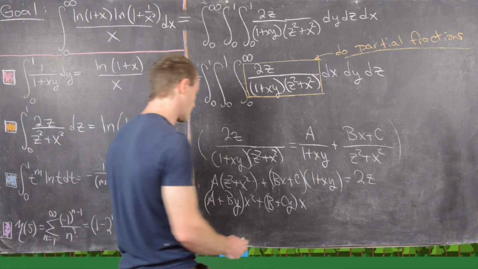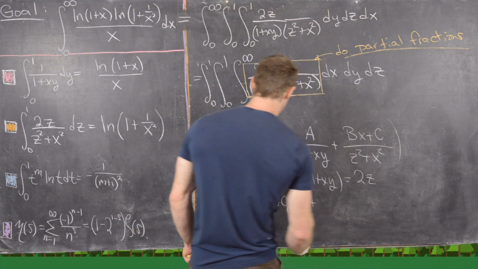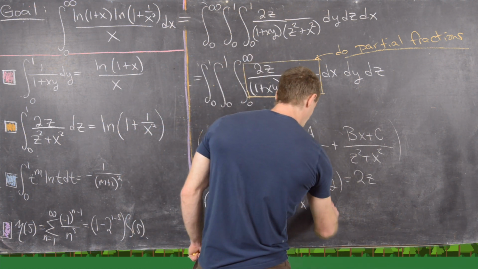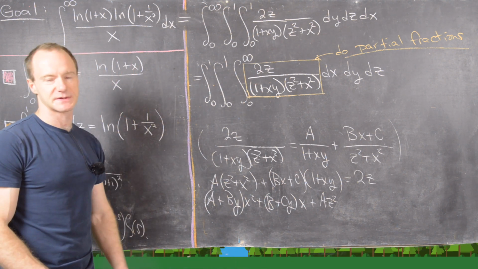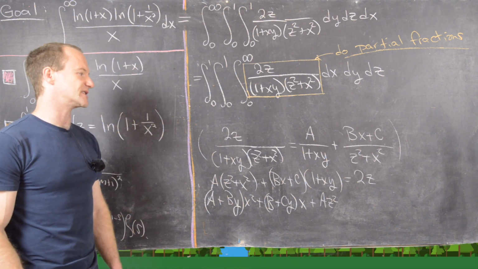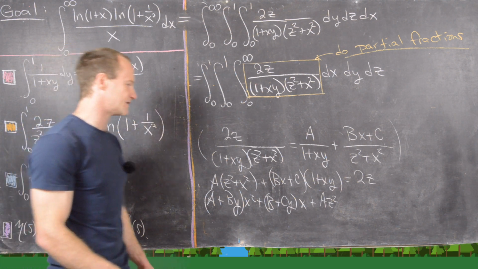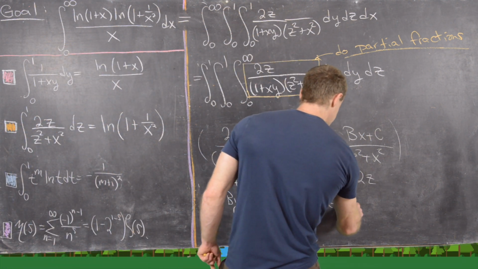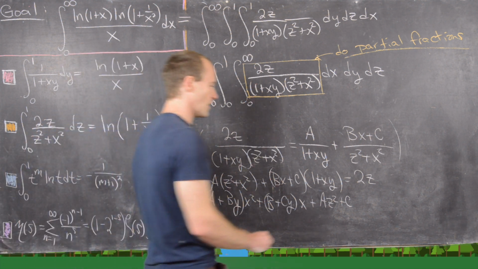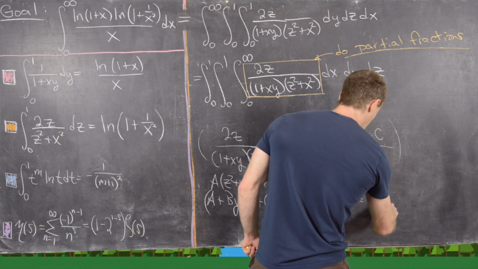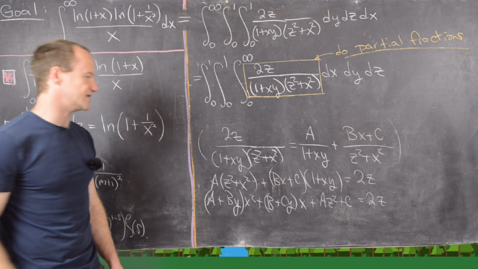But now let's go ahead and look at the constant term. So for the constant term, we'll have a z squared. So that's from this multiplication right here. Recall that z is a constant with respect to this decomposition. And then we have plus c from this second term. Okay, great. So that gives us all of this is equal to 2z.